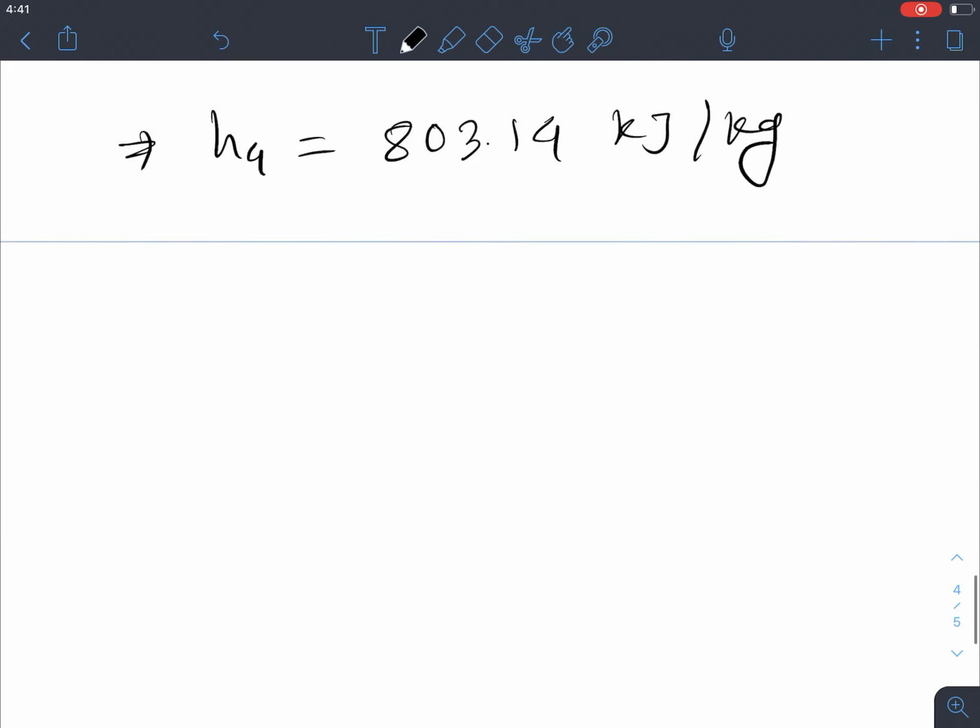So if we solve this, it will be 803.14 kilojoule per kg.